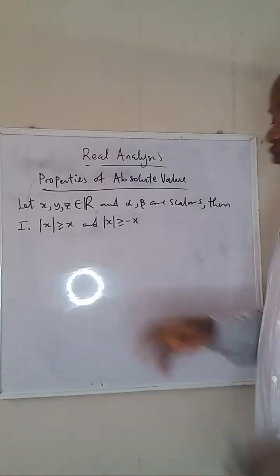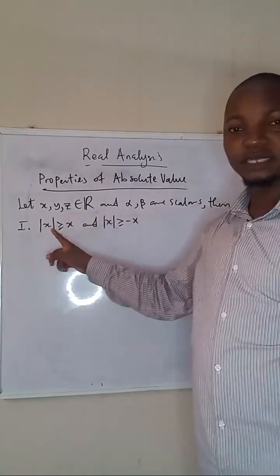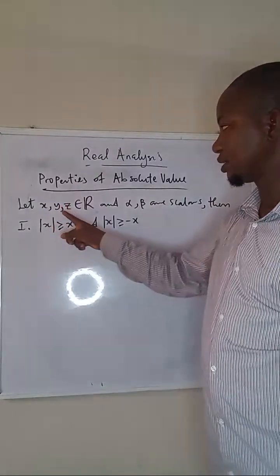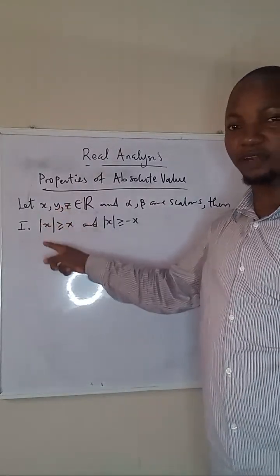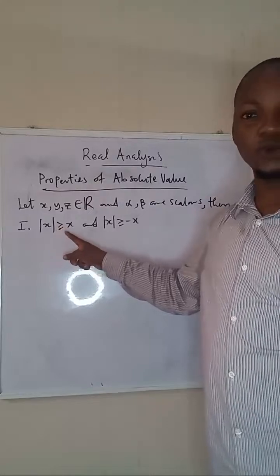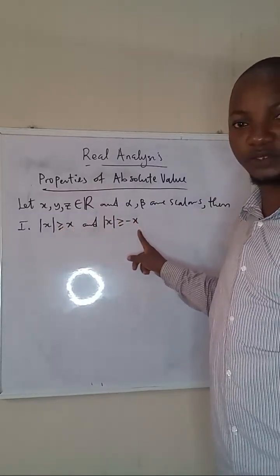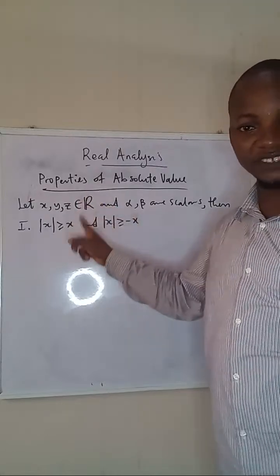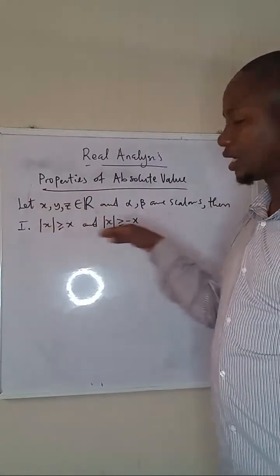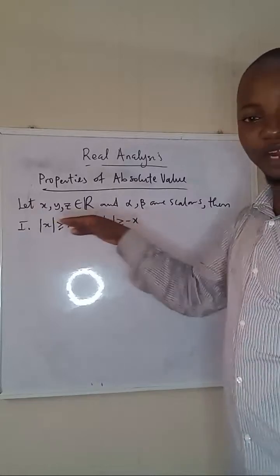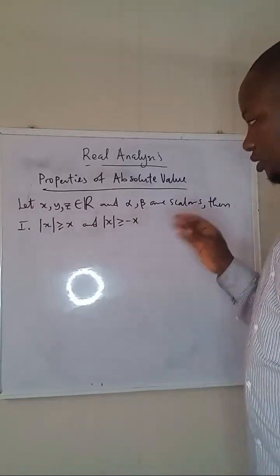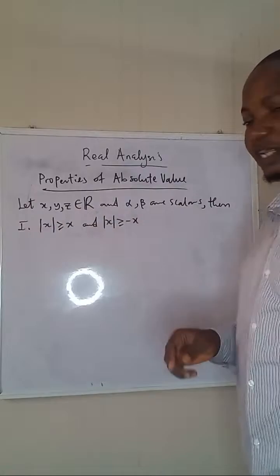This is also valid for y. If I'm using the variable y, we can see that the absolute value of y is greater than or equal to y, and the absolute value of y is also greater than or equal to minus y. We can do the same for z, but we are using the variable x here alone, just for the reason we'll see later.